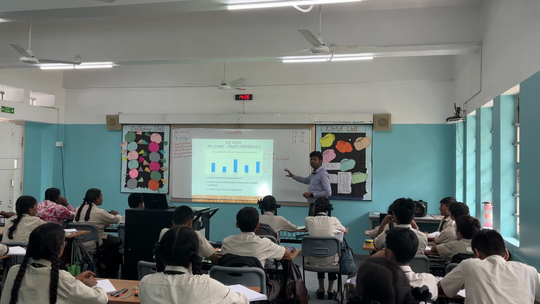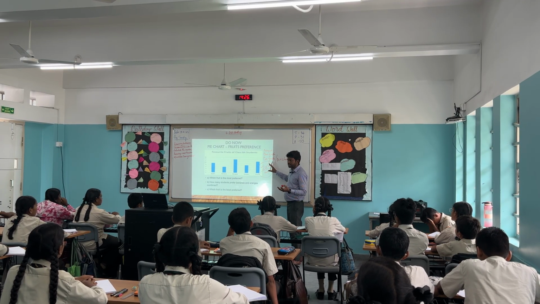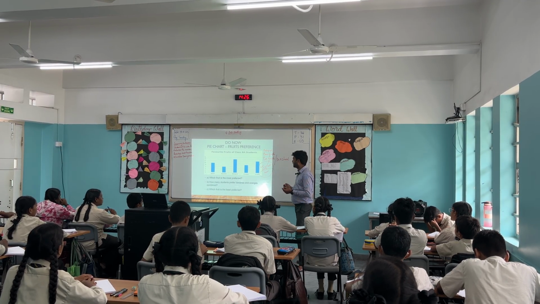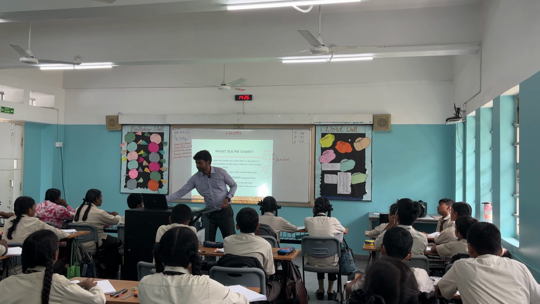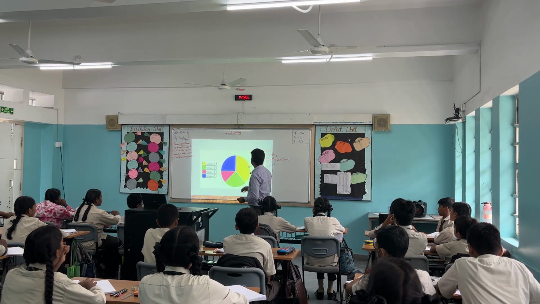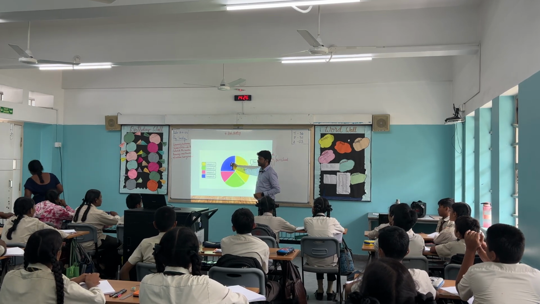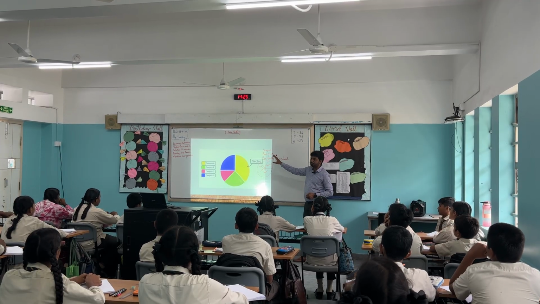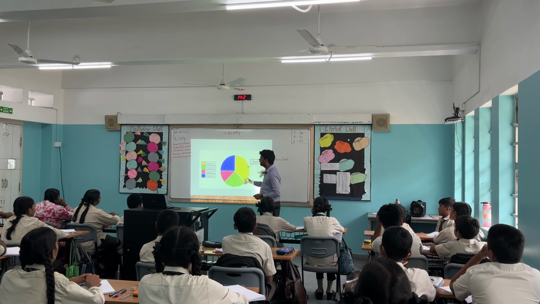So a pie chart is a type of graph where data is represented. These are the sectors, and these are the 4 different categories where we are comparing.